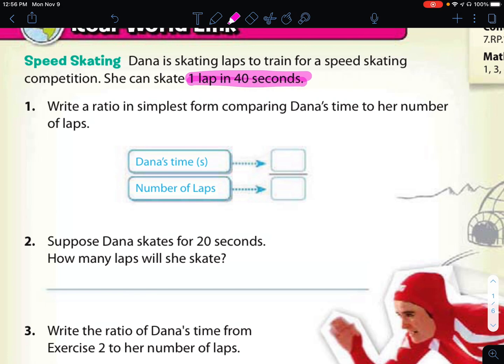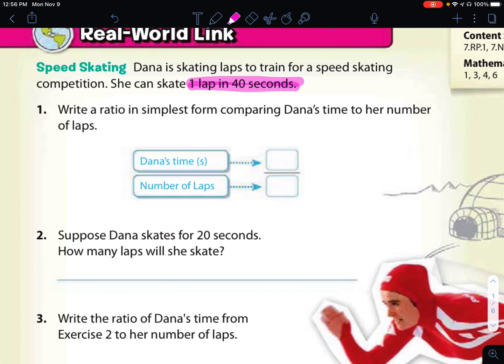So in 40 seconds, Dana can finish one lap. Okay, so we want to write a ratio in simplest form comparing Dana's time to her number of laps. So when you say Dana's time to her number of laps, Dana's time becomes your numerator and the number of laps becomes your denominator.